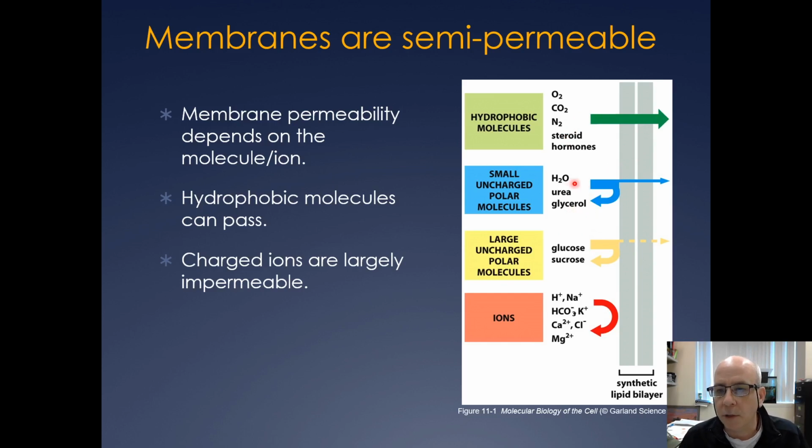Small uncharged polar molecules like water and urea can travel a little bit, but not really. Glucose also can cross at some level, but in general the majority of it needs to be brought over through transport mechanisms. So as a general rule, charged ions are largely impermeable, whereas hydrophobic molecules and gases can pass freely.